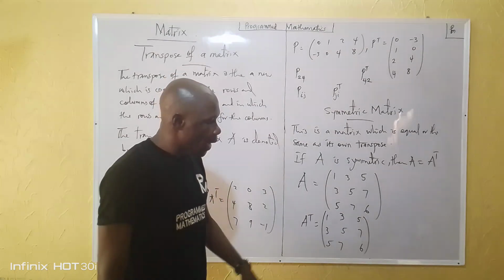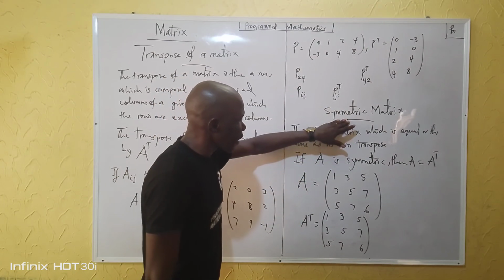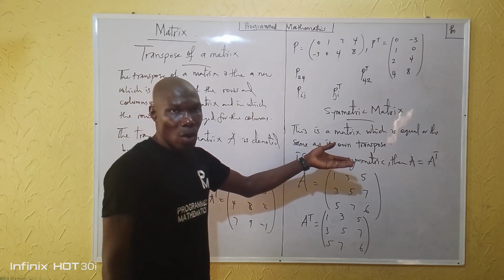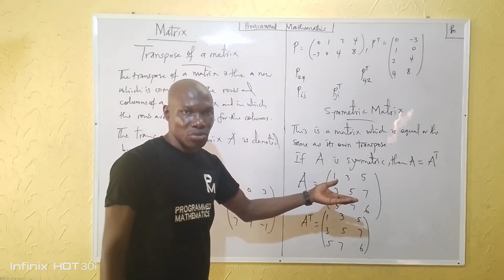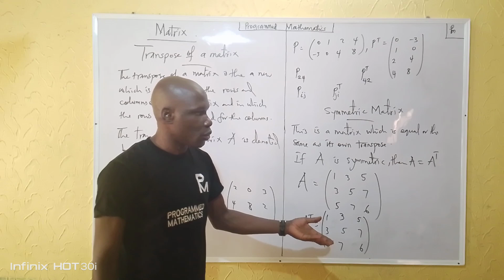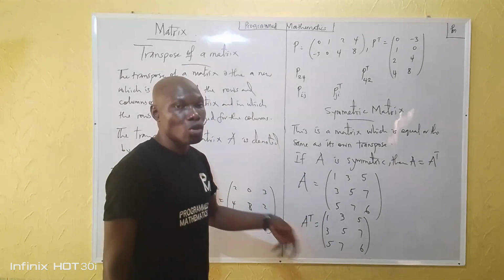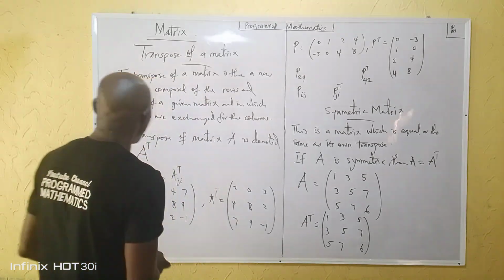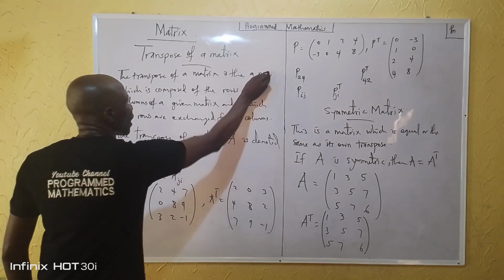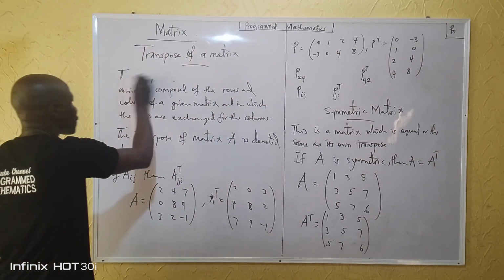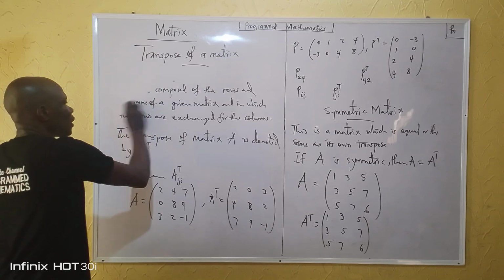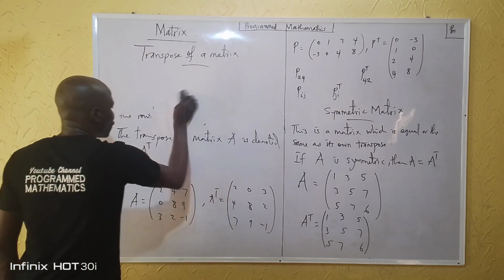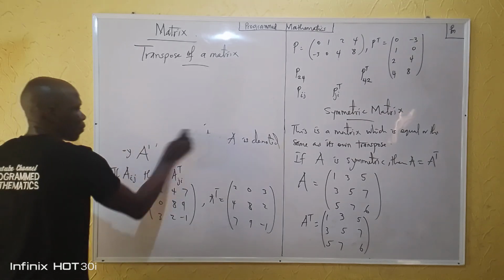Now, apart from this symmetric matrix, we also have the opposite of symmetric, which is anti-symmetric, or you also call it a skew symmetric matrix. What does it mean to be an anti-symmetric or skew symmetric matrix?